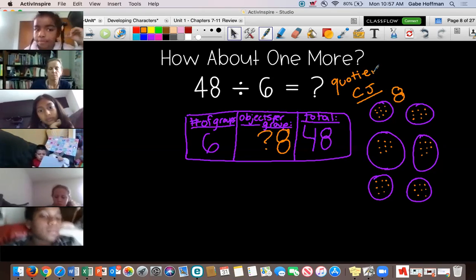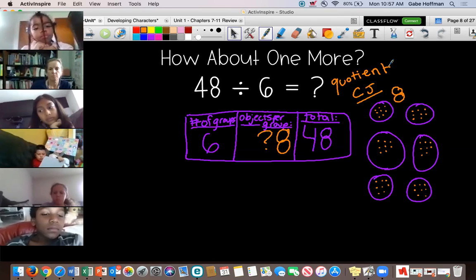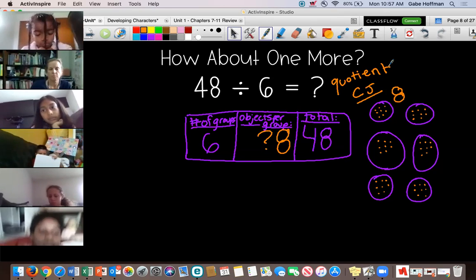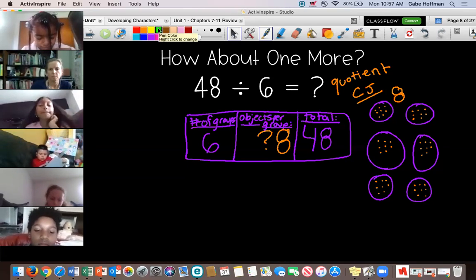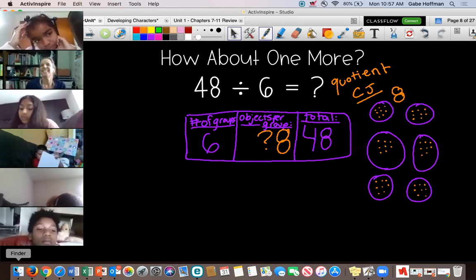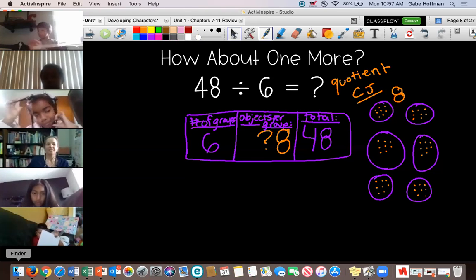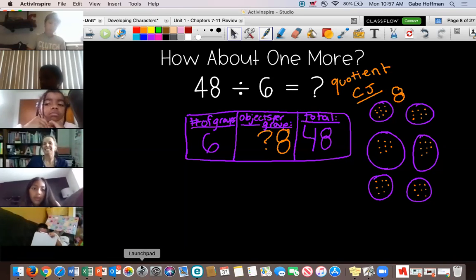There's also another way to figure this out. We're going to let somebody else have a chance. Somebody besides CJ, is there anybody who did it a different way, who did not start with 6 groups? Asil, are you about to tell us how you used multiplication, or did you put 6 in each group?